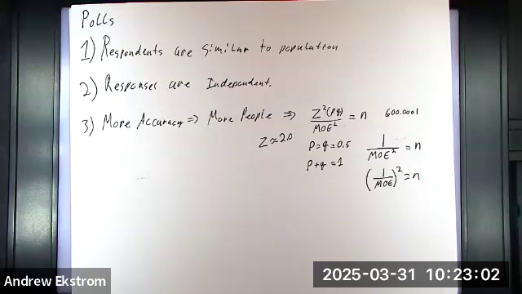So if we try to do a couple calculations really quickly, none of these are too difficult. If we literally do say 1 divided by 0.05 and square it like that, you can see that we get about 400.